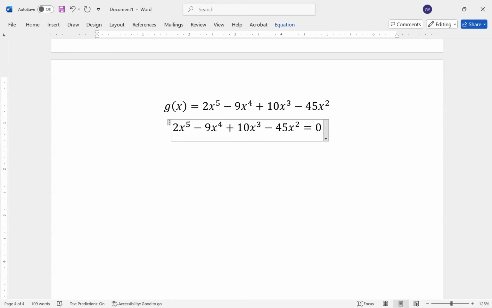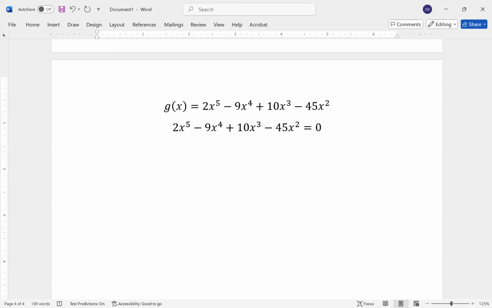I'll put the 0 on the right-hand side in this case. Doesn't matter if you put the 0 on the left or on the right-hand side. Now, this one is going to be a combination of the two tools that we used earlier.